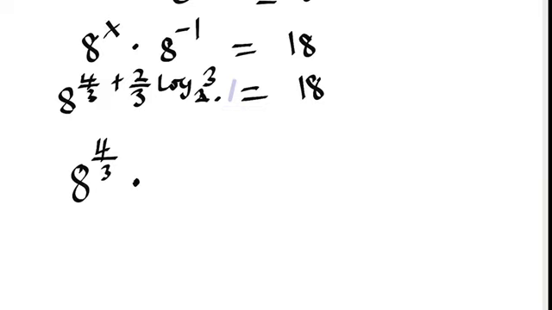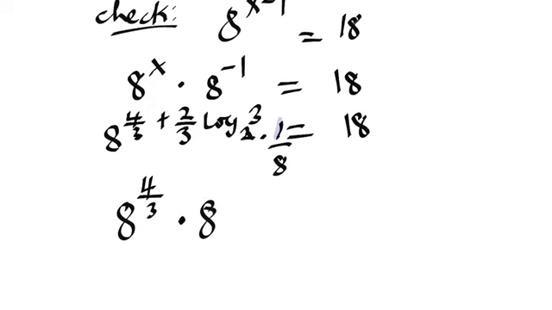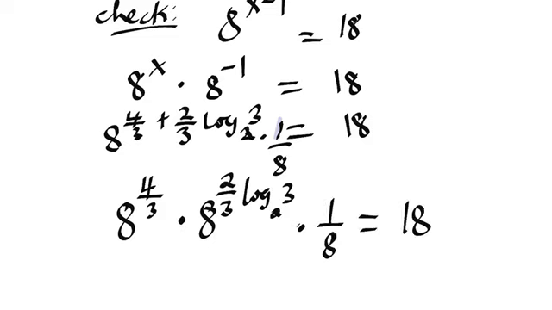So we have 8 to the power of 2 over 3 log base 2 of 3 multiplied by 1 over 8 equals 18. Are you following?